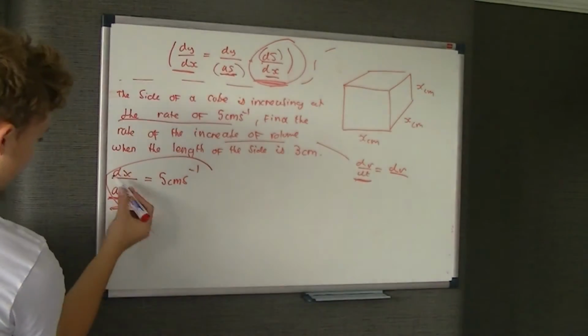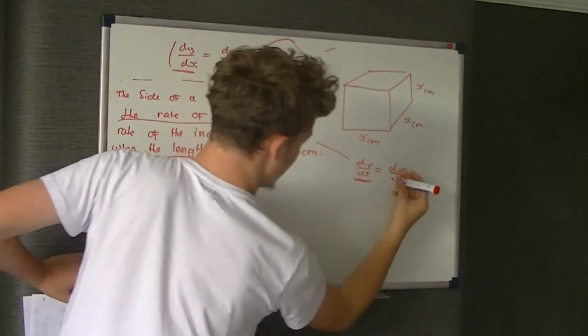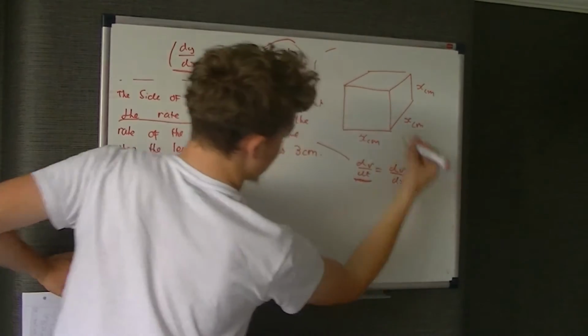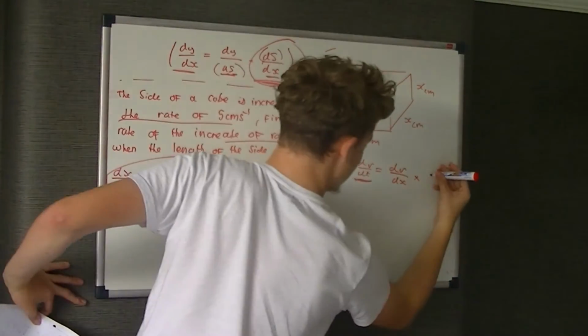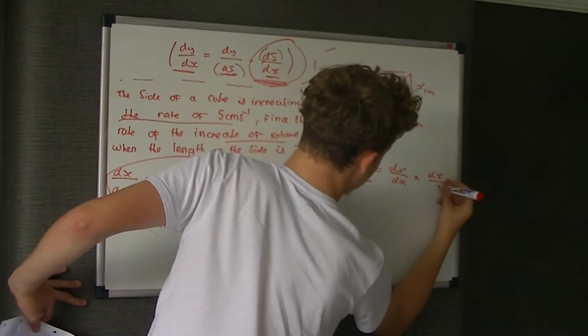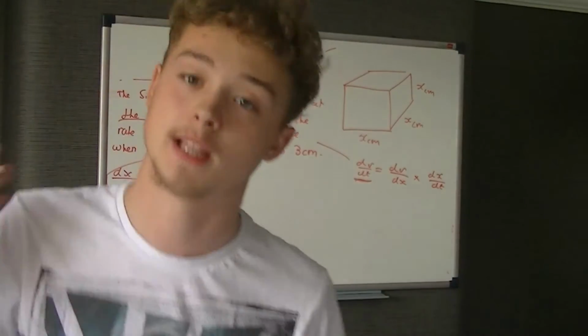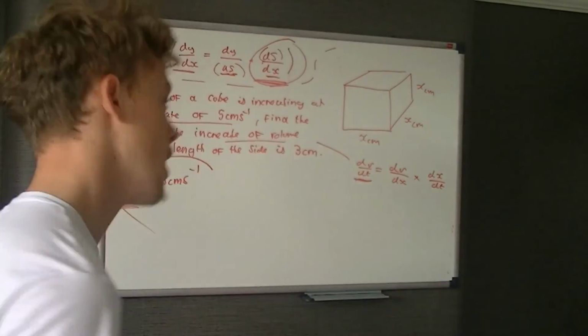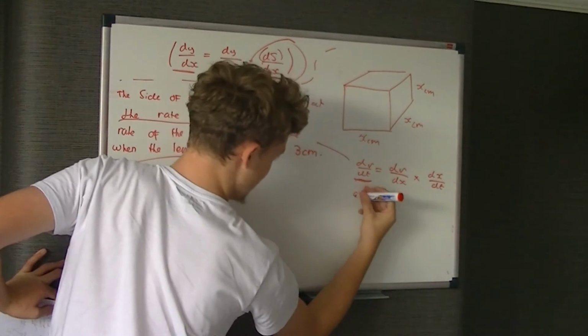And because we've got the x here, it's dV over dx, because that's the x displacement, times dx over dt, because the dx's will cancel out and we're left with dV over dt, which is equal to dV over dt, which we should know. Now, we already told dx by dt, so we can sub that in already.